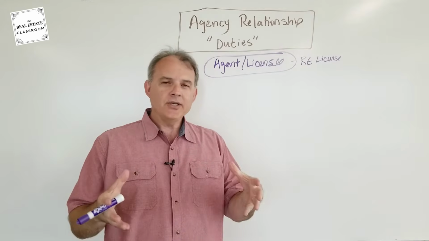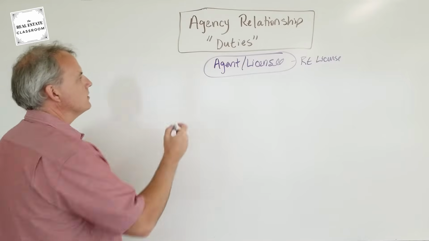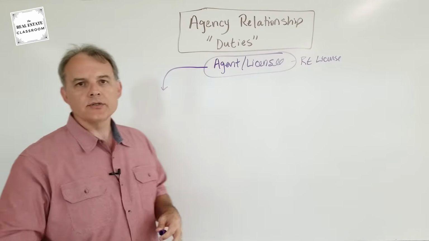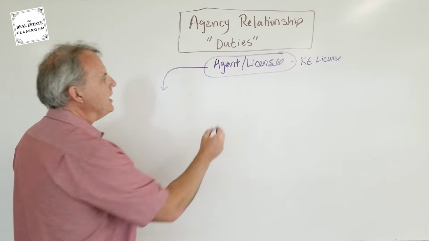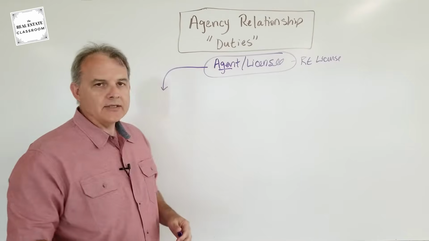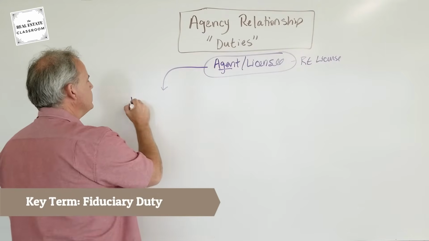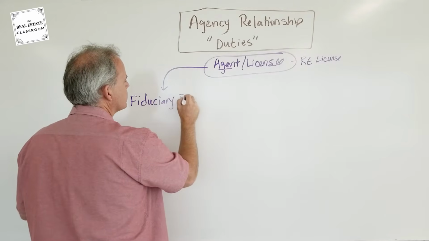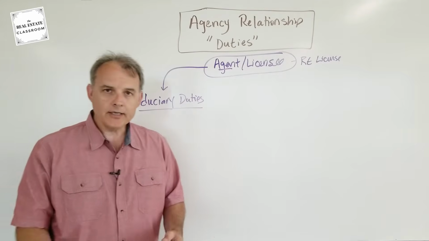Now, the agent is kind of the core of the transaction. From the agent, they're going to work with buyers, sellers, tenants, owners, vendors, vendees, those type of things. But the agent is going to owe, or the licensee is going to owe, what's called fiduciary duties, or sometimes called fiduciary obligations, to their client.